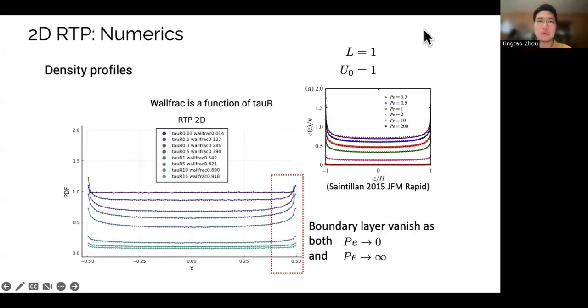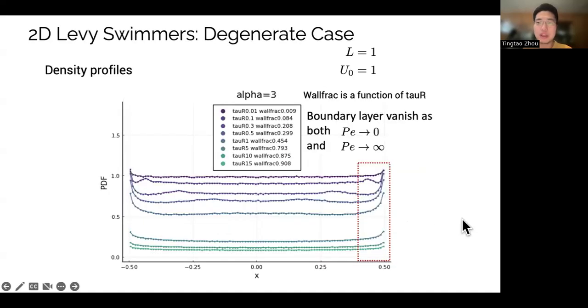Also, we can recover the density profile for run-and-tumble particles. As you can see here, for run-and-tumble particles, the characteristic feature is that you always have a constant density in the bulk, but you have a boundary layer, and the boundary layer thickness is related to the average runtime.